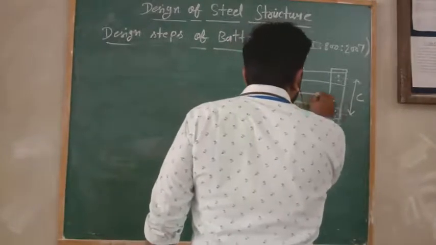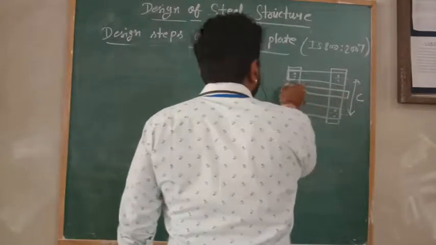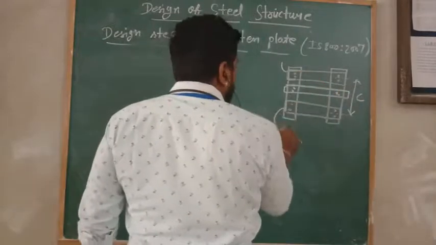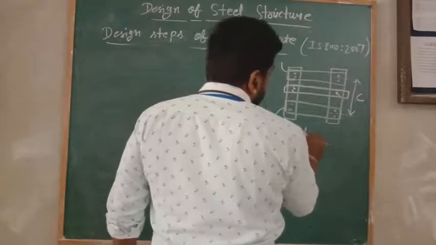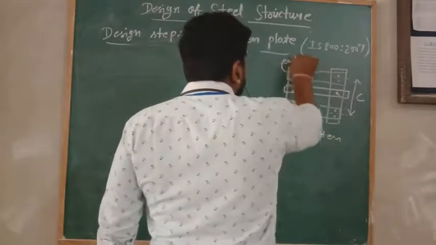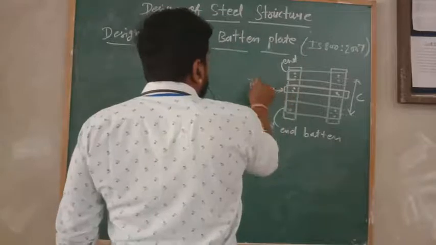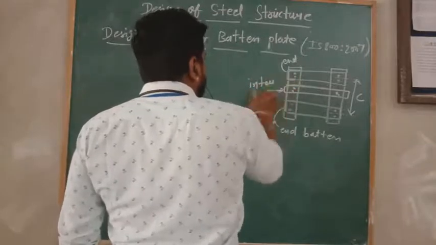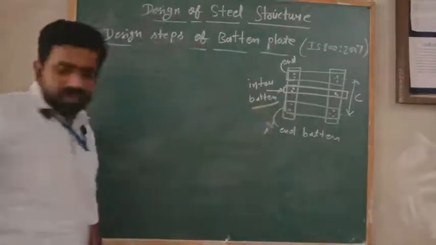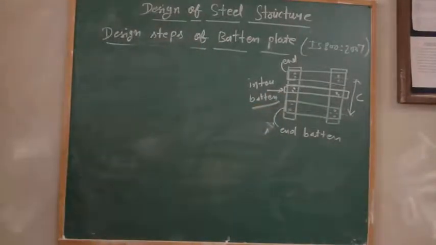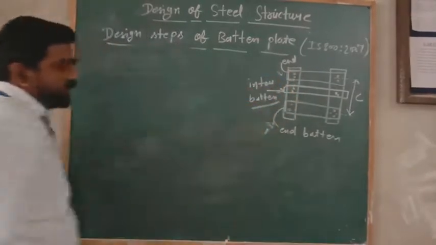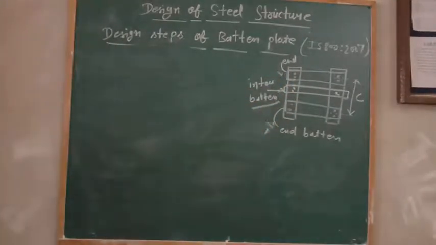This is end batten and this is also end batten, but this is called intermediate batten. So first we find the size of end batten, then we find the size of intermediate batten. So first we find the size of end batten.